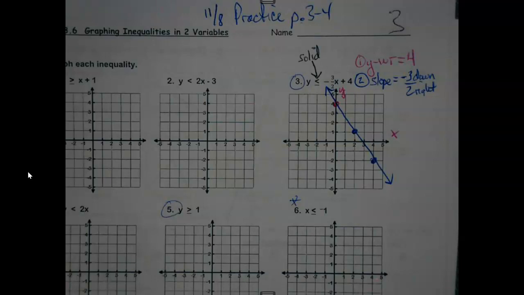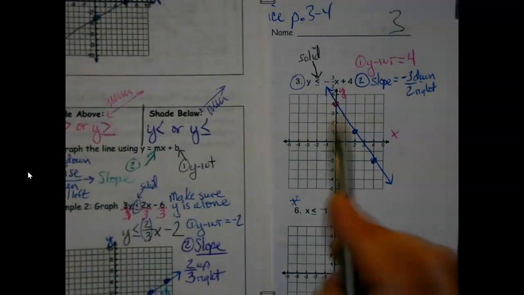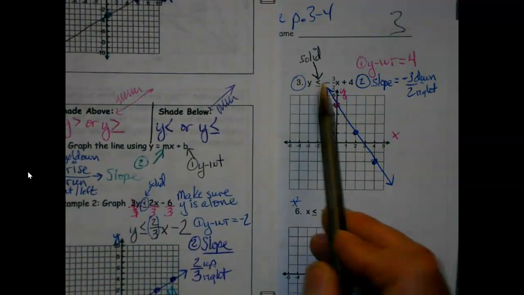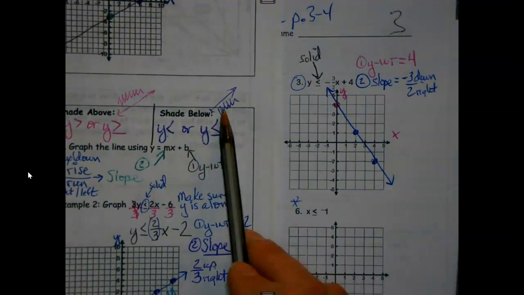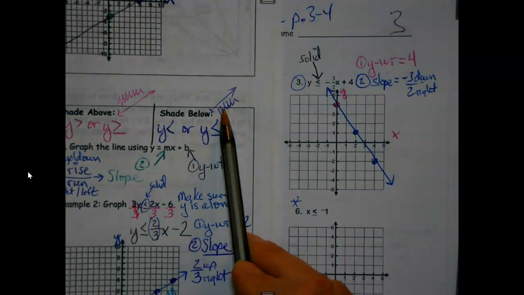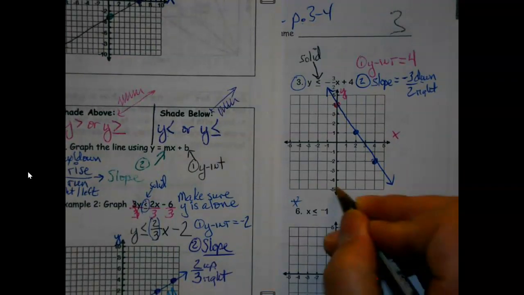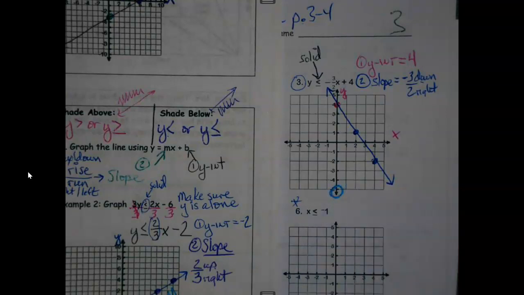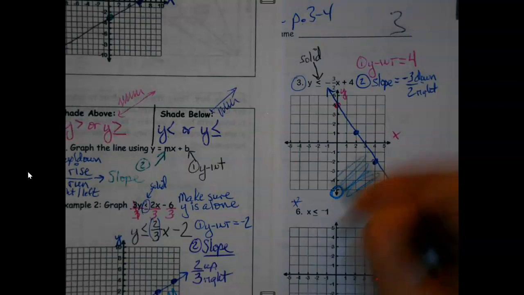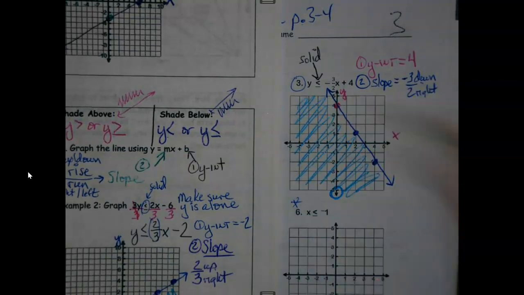And then finally, for my shading, I'll get myself some help here. The arrow is pointing at y. It is less than, which means we shade below the line. Find where that arrow is going down and shade on that side of your graph.